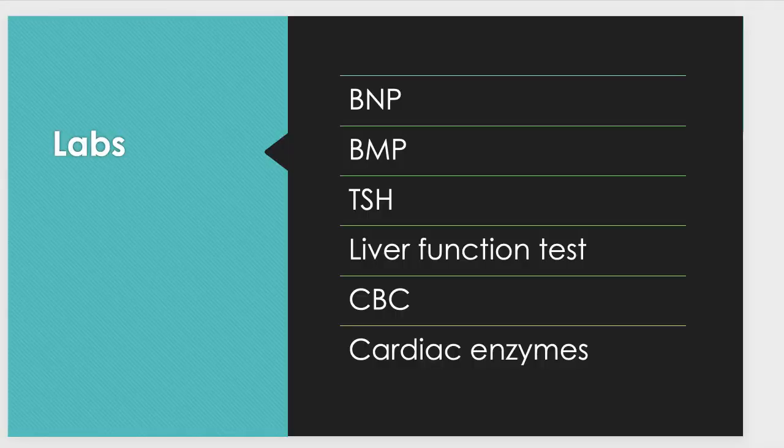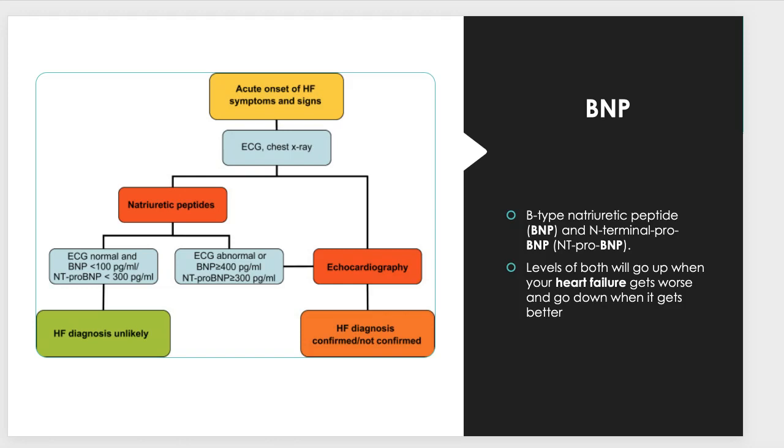Important labs to consider when you have a patient that you fear has a diagnosis of heart failure: you need to obtain a BNP, TSH, liver function test, CBC, and cardiac enzymes. BNP is the B-type natriuretic peptide.